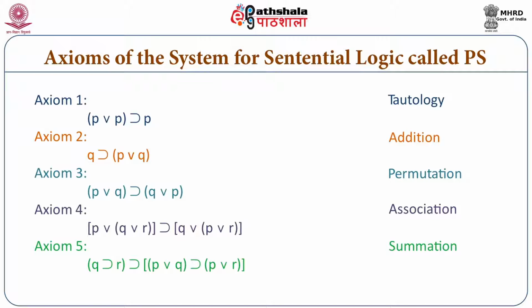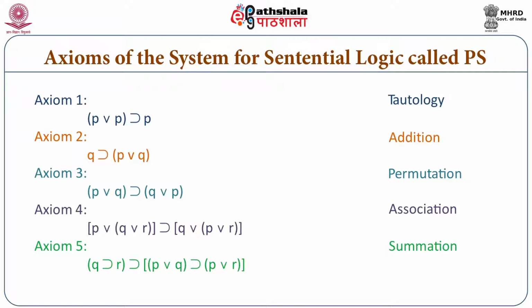Axiom number 3, which is permutation. It says if either P or Q, then Q or P. Axiom number 4. If either P or Q or R, then Q or P or R. This is axiom of association.